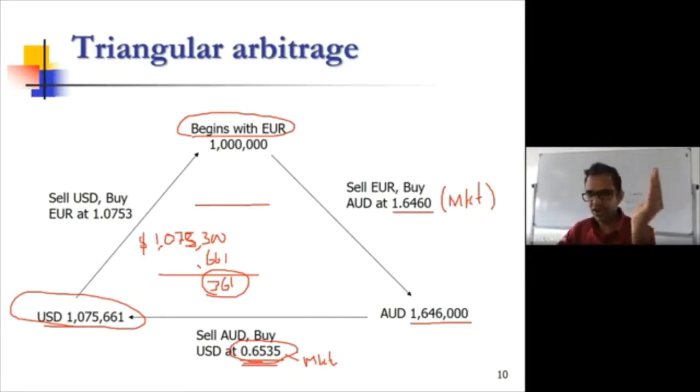Then there will be an outflow from your Nostro account, and there will be an inflow to your Australian dollar Nostro account. Meantime, there will be an Australian dollar outflow entry from the Nostro account, so the balance would be zero there. And in the dollar account, also the same, there will be a credit and debit instruction from you. And in the euro account also, there will be a credit and debit.